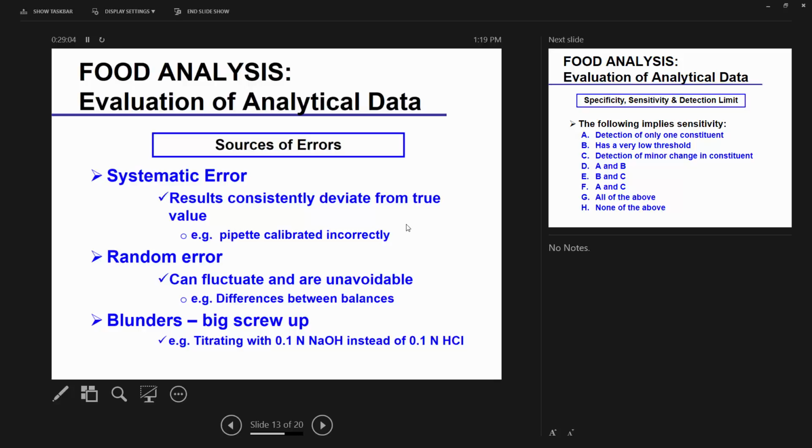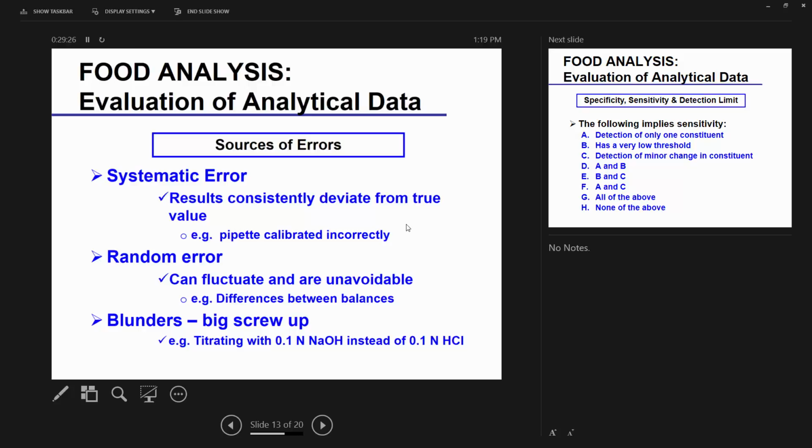Another major category, not necessarily more significant, but more common than the systematic error, is called the random error. And usually if you do statistics and you have a table of ANOVA, there's always an entry for error, experimental error. So this lies mostly here.